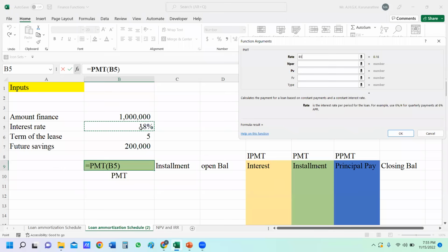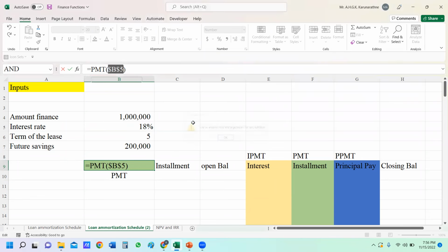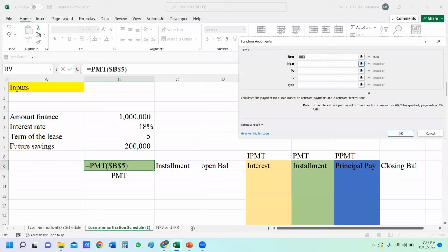Here you don't need to worry about fixing absolute or relative references because there's no PER, only NPER. So the rate is B5. If you wish, you can make it constant, no problem.